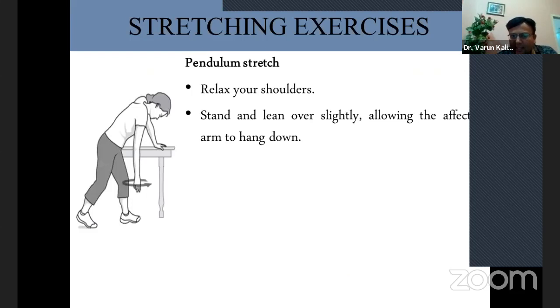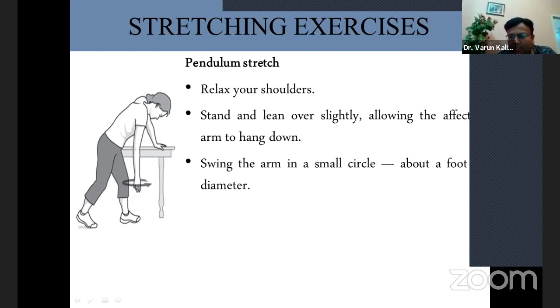Here, relax your shoulders and stand and lean over slightly, allowing the affected arm to hang down. The patient has to lean and stand with the help of a table, and his affected arm will hang down. Then swing the arm in a small circle about a foot in diameter.